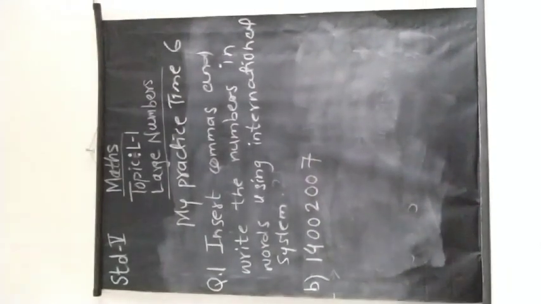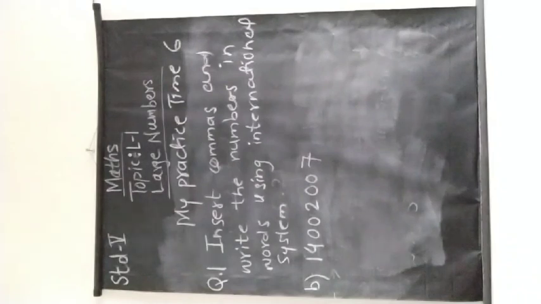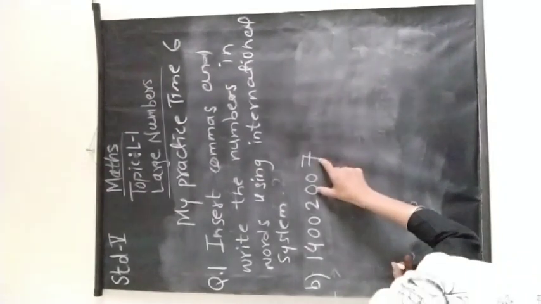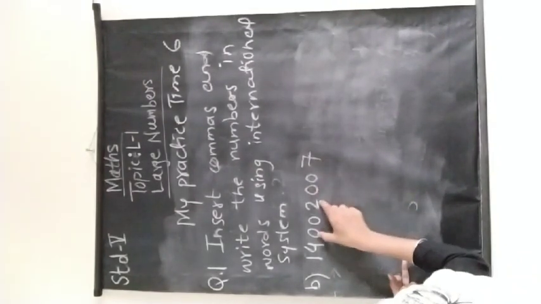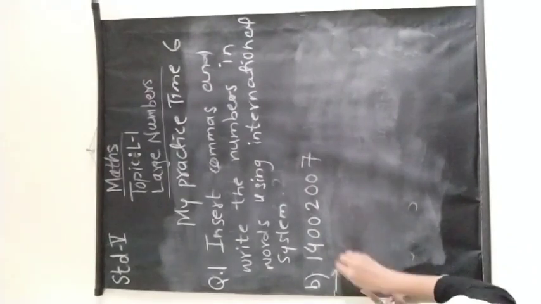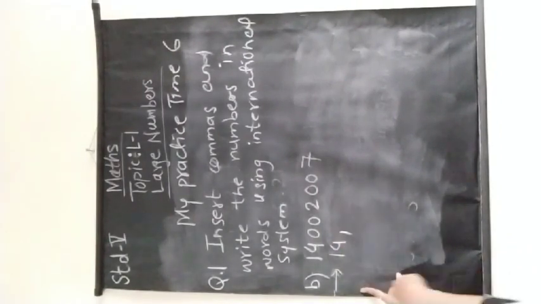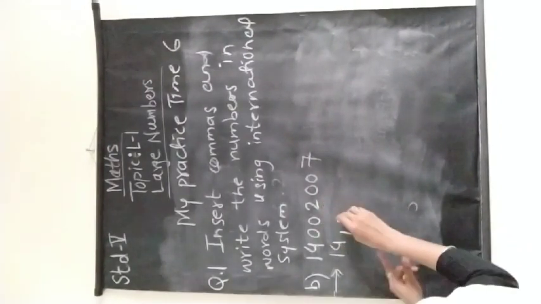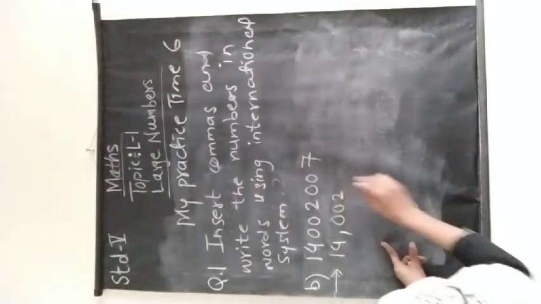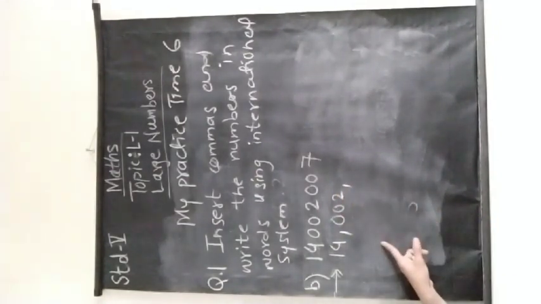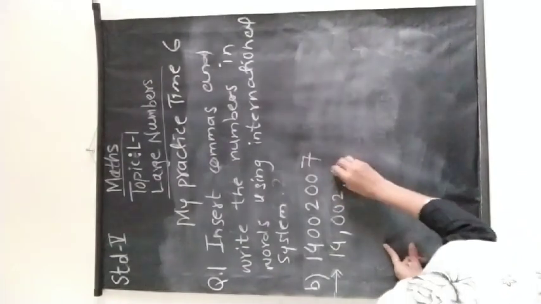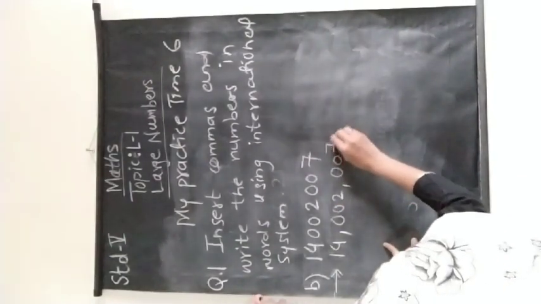You have to make groups of 3. So first will be 14, then after 14 give a comma, then this 3 will come in ones, then give a comma, then the last 3. How to give the comma?